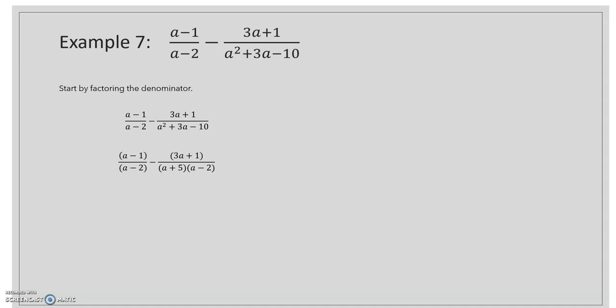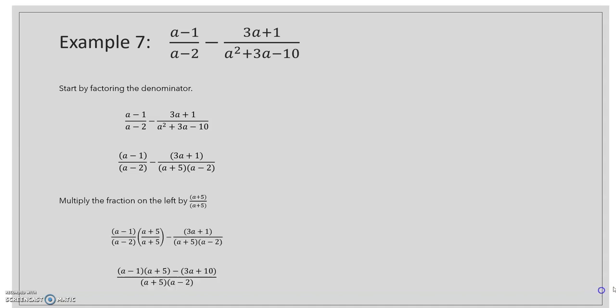We can see that both denominators have a factor of a minus 2, so our fraction on the left we need to multiply by a plus 5 over a plus 5. It's a minus 1 times a plus 5 minus 3a plus 1 over a plus 5 times a minus 2.